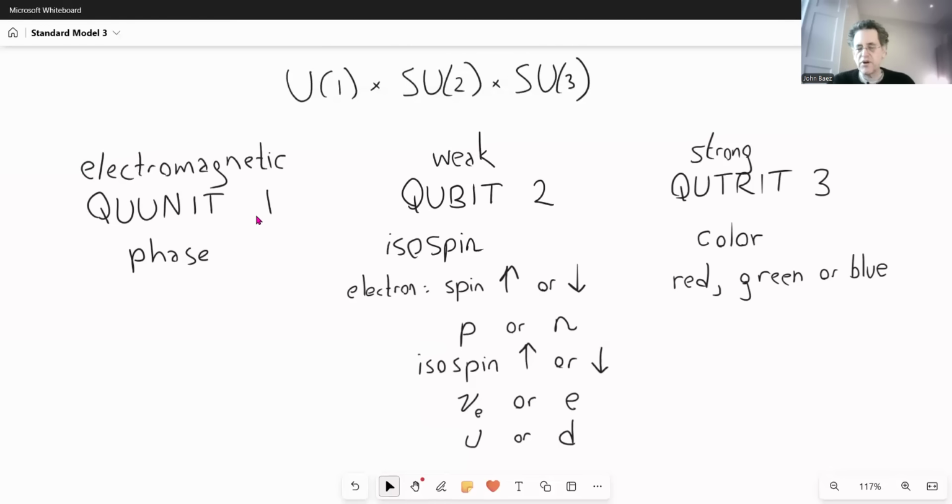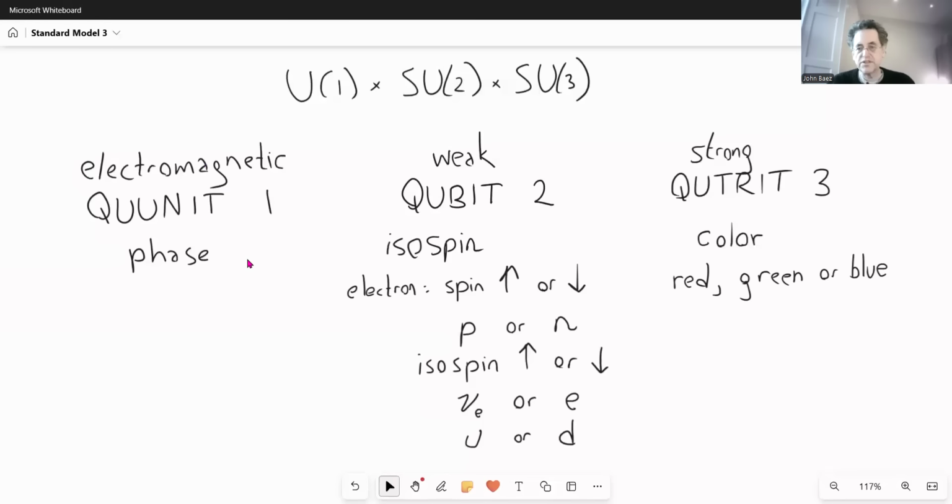So one of the stunning discoveries in quantum mechanics is that energy is just the rate of change of phase. And we can see that happening even in the simplest of situations where you have a Q unit. For a Q unit, that's all that's going on, is the phase can change. And the electromagnetic force is connected in an interesting way to phase change.